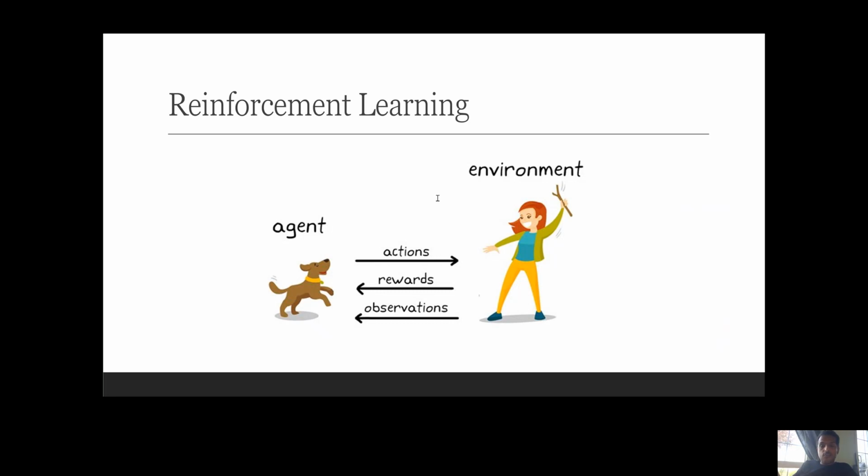So reinforcement learning is AI. It's basically the type of machine learning in which your software learns how to perform a task through repeated trial and error interaction, without any human intervention, while dealing with a dynamic environment.